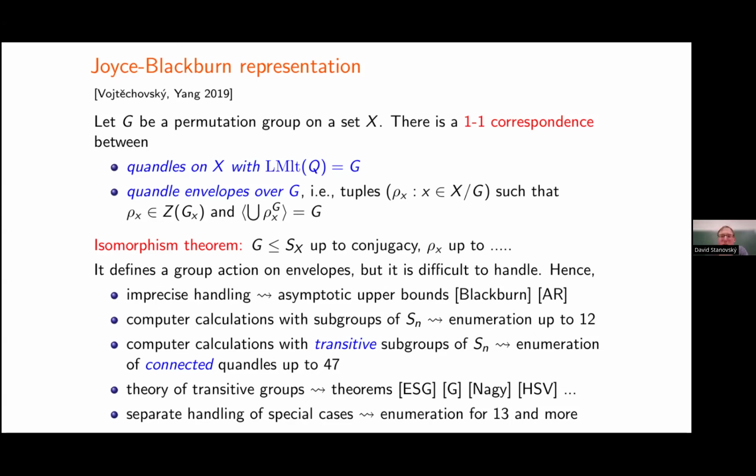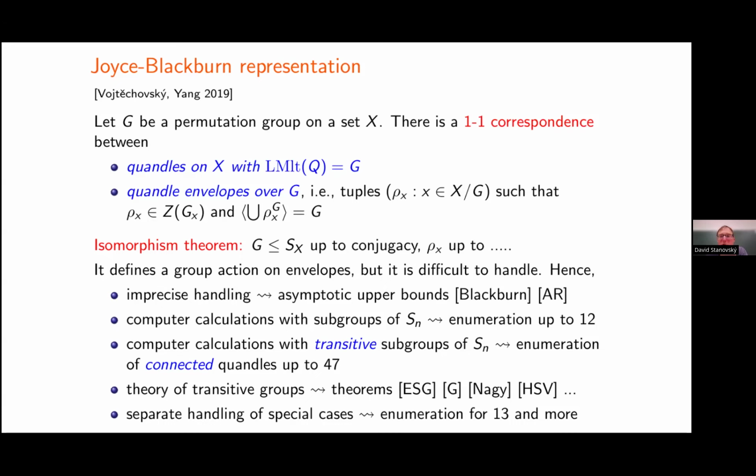You can also, in the case of connected quandles, what does this representation say? If you have connected quandles, then this means that the multiplication group has a single orbit. So instead of a tuple of rhos, you have just a single element rho, such that it's in the center of a stabilizer. It doesn't matter which one.